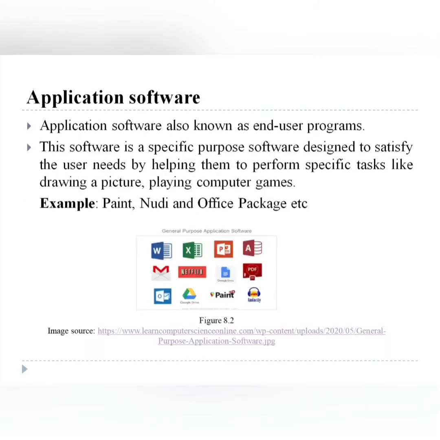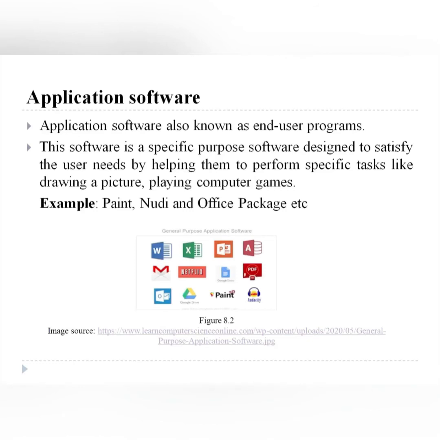Application software. Application software are programs that help the user to perform specific tasks. Hence, it is also known as end user programs. These software are designed for a specific purpose, that is, for some specific applications. Hence, it is called application software. This is designed to satisfy the user needs.